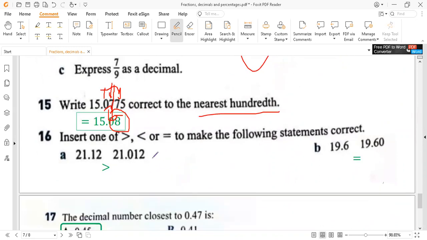Okay. And also, you can easily compare decimal numbers. We always compare starting from the left to the right. The first step is to compare the number of units, the digits to the left of the decimal point. We have a 2 and a 2.